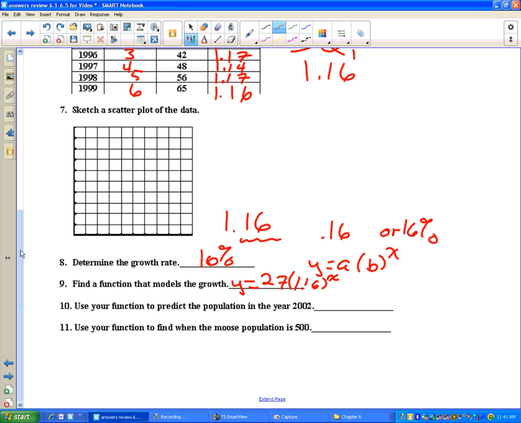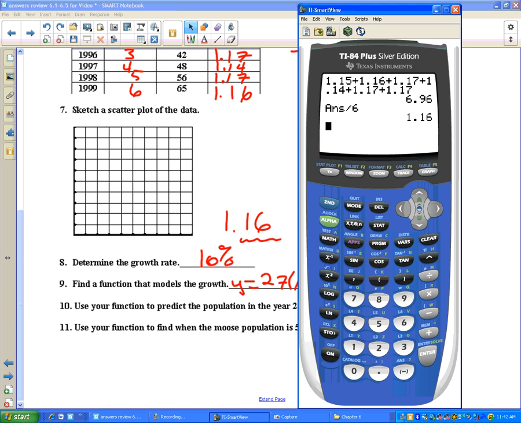Use your function to predict the population in the year 2002. So 1993 and 2002. So I do 2002 minus 1993, and I get 9 years. So I need to plug in 9 for x.